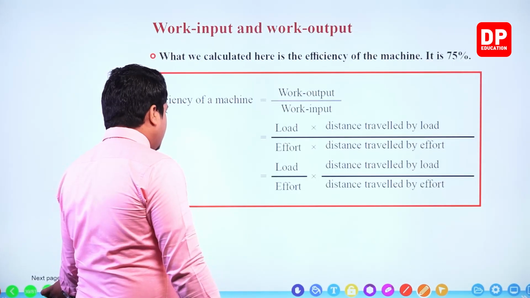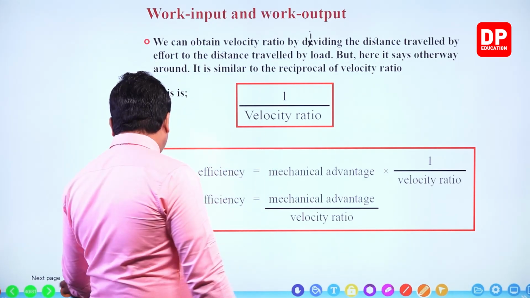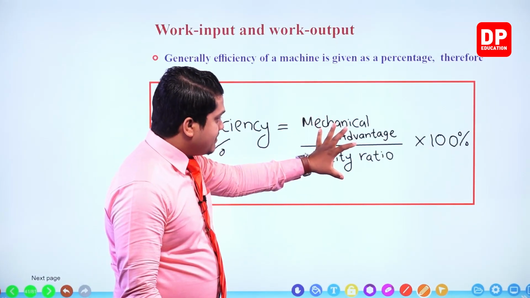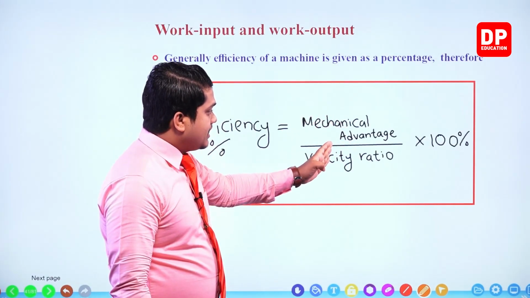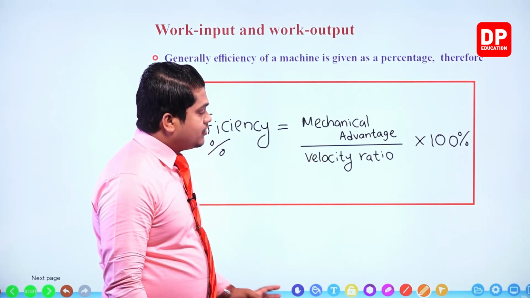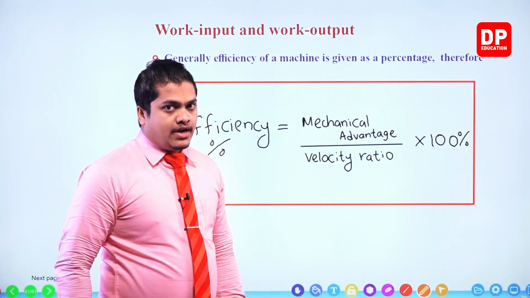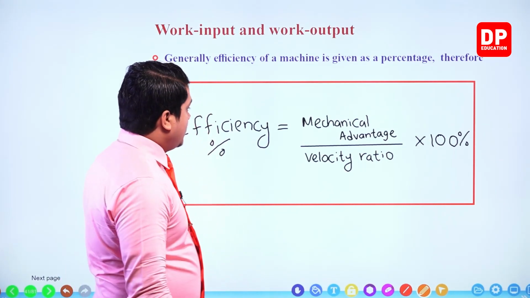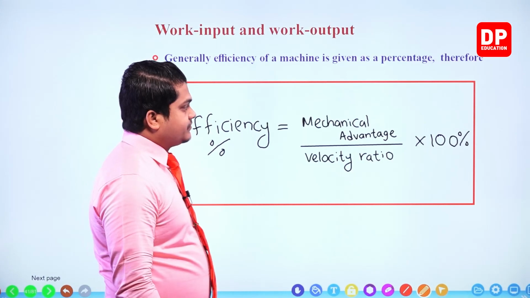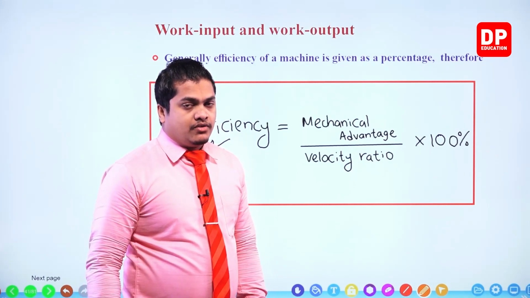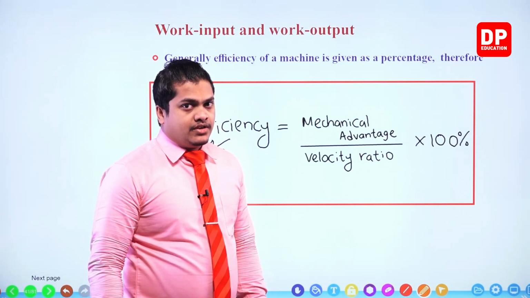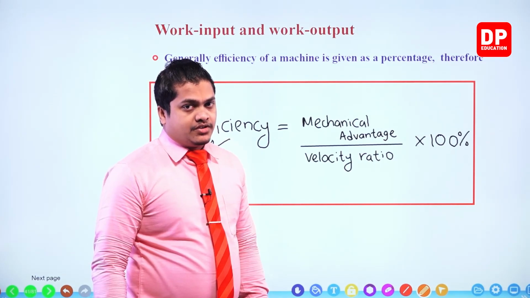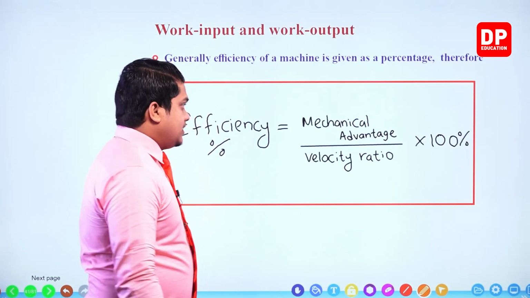Here also you can get the same answer by dividing the mechanical advantage by the velocity ratio, then multiplying by 100 to find the efficiency. This is how to find the efficiency percentage. I hope you got the idea, my dear children.